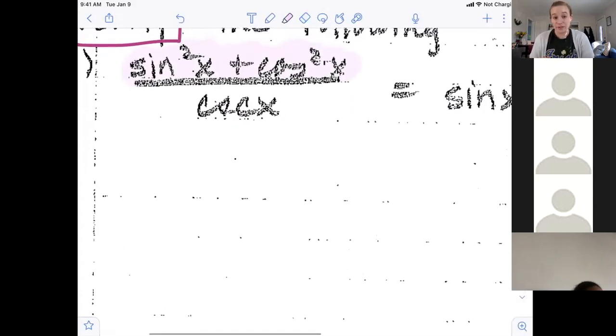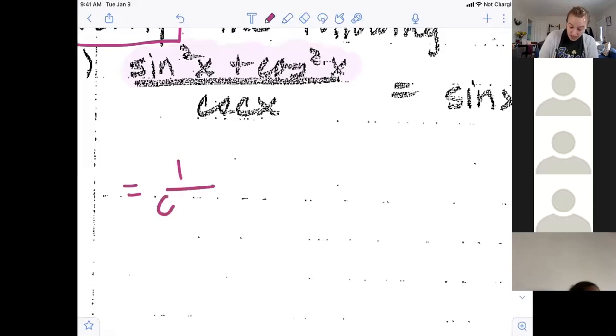An even better first step would be to recognize that sine squared x plus cosine squared x is one of your Pythagorean identities. If you go back to our unit circle or you have yours up, that's the same thing as 1. Sine squared plus cosine squared is 1, so I replace that entire numerator with 1, and I've got 1 over cosecant x.